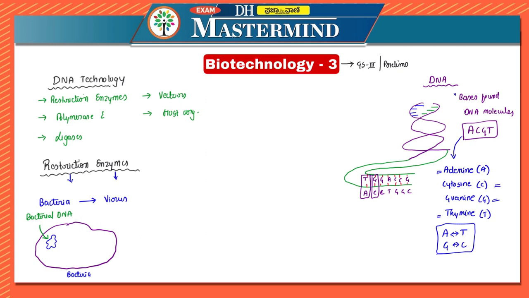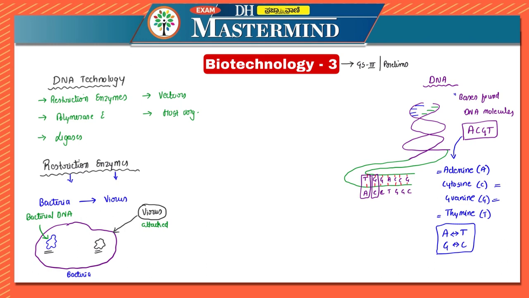Now outside there is a virus. The virus found out that the bacterium is present, so what it does is inject the bacterium with its own DNA. Now there are two DNAs in the bacterium. One is the bacterial DNA and the other is the DNA which has come from the virus. That is, the virus has attacked the bacterium.